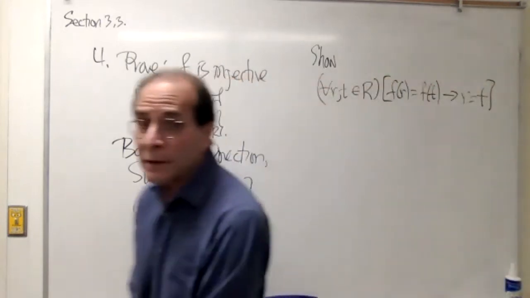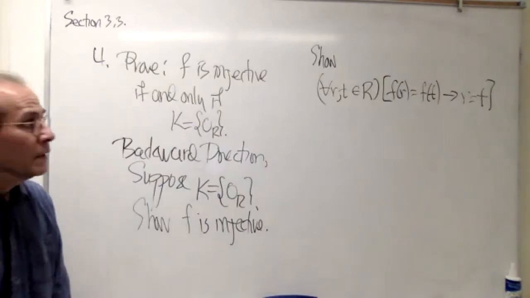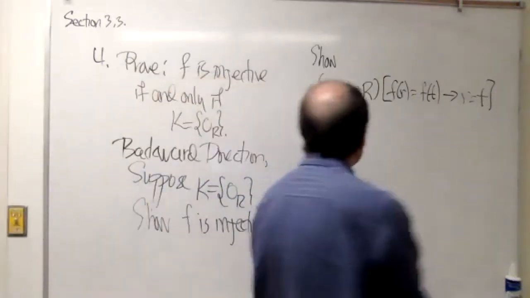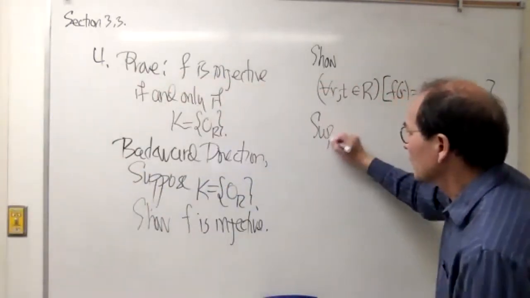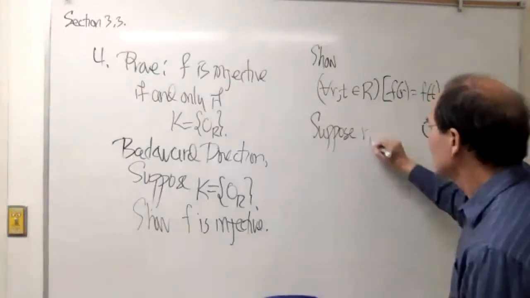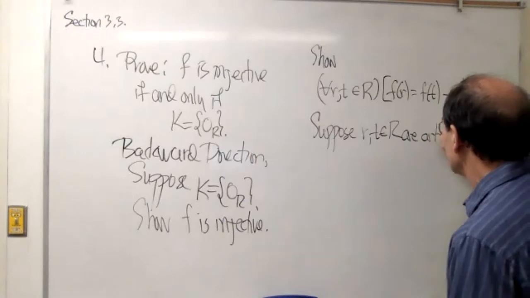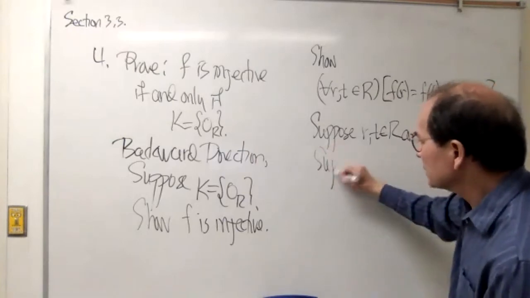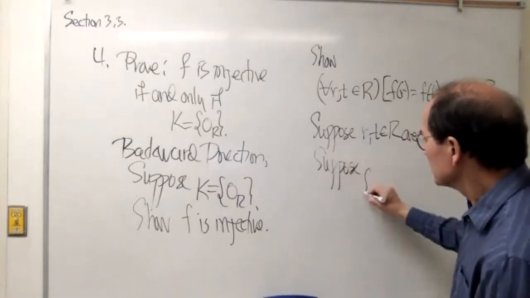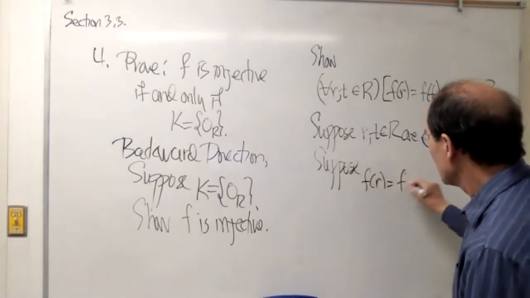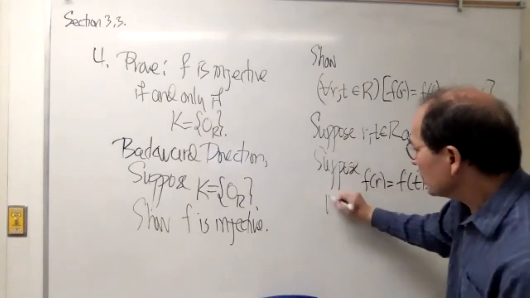That's the definition of injective. So you're going to suppose that r and t are arbitrary elements of R, and then suppose the hypothesis, and then we need to show the conclusion.